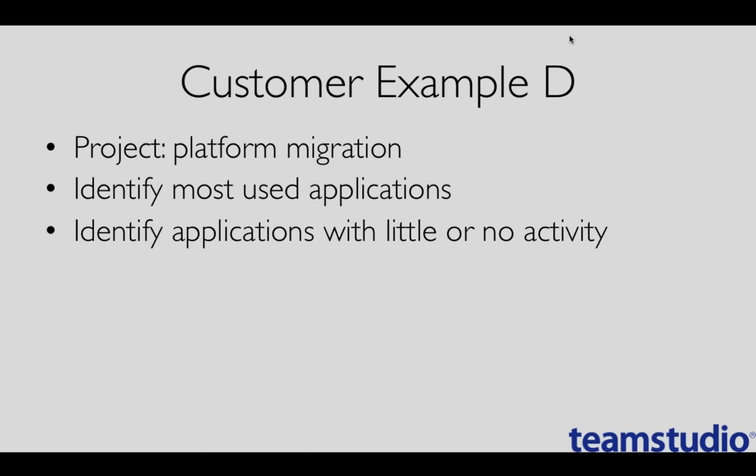So there's widely used, and then there's not very widely used, and this becomes a very complicated question for our customers to answer, because if it's used but not very much, but it's used in a very important way at a very important time of year, like auditing or tax season, or a certain time that products are released, it could be not very widely used, but still very important.